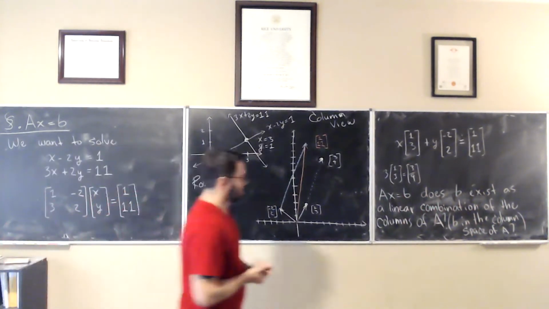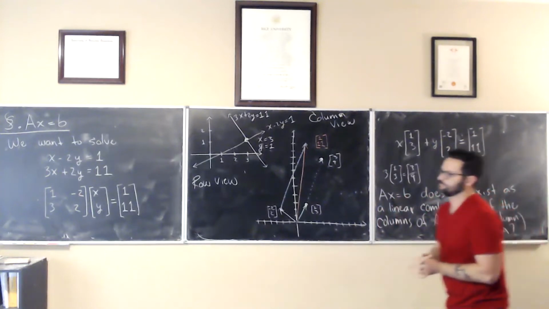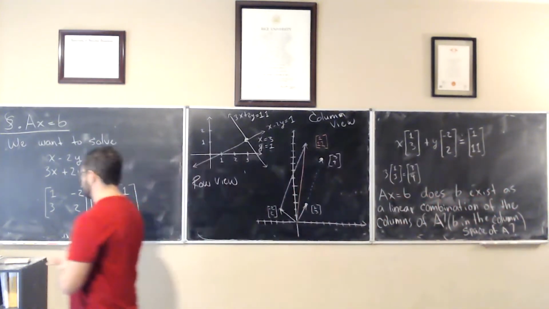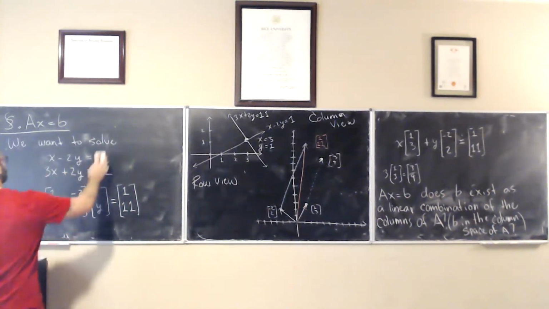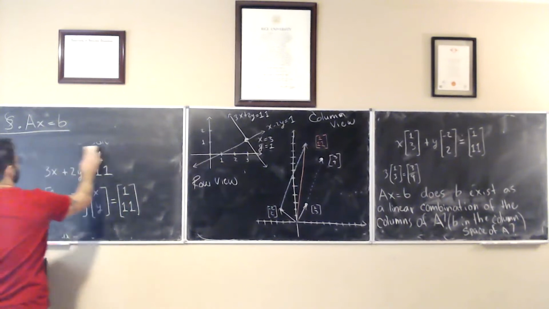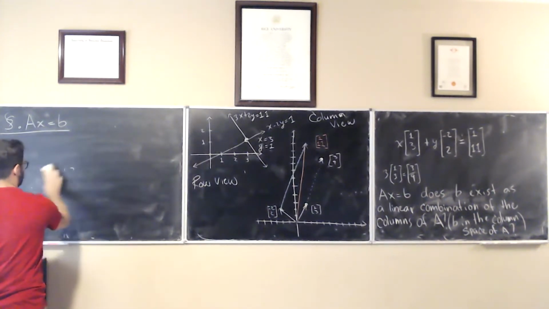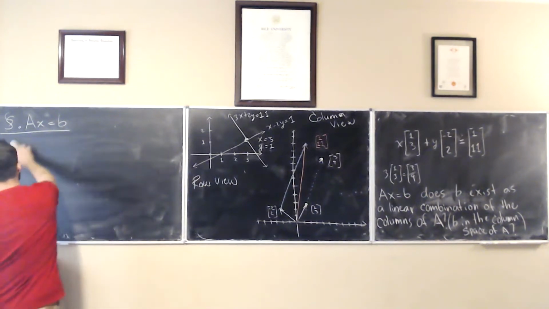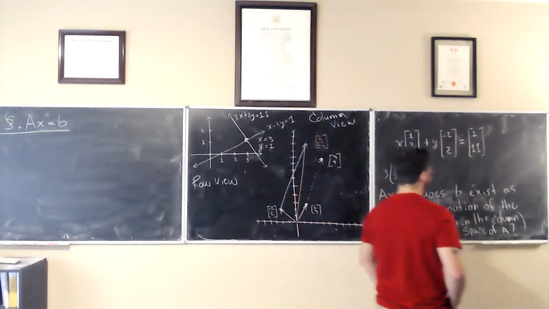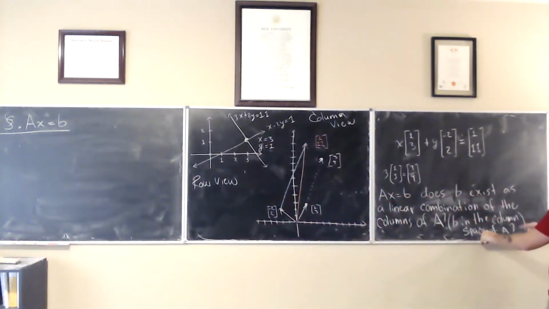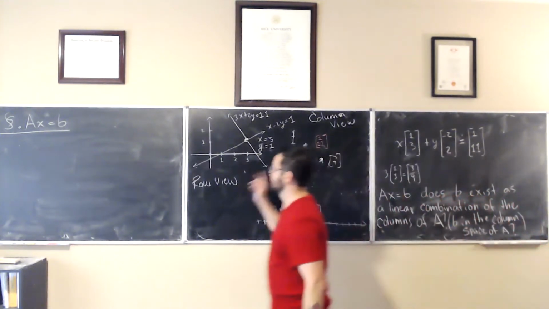Okay. Now, what does this mean? Well, what is the column space? This is kind of an abstract term I'm using. I want to focus in on this problem a little bit more, the one that we were just looking at.